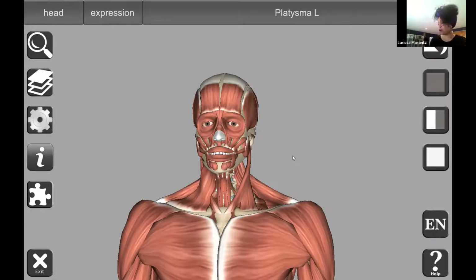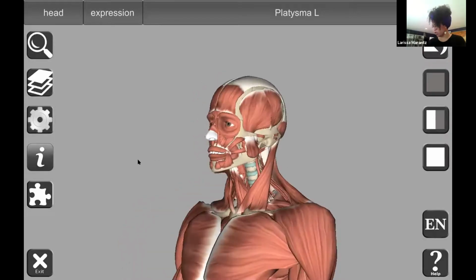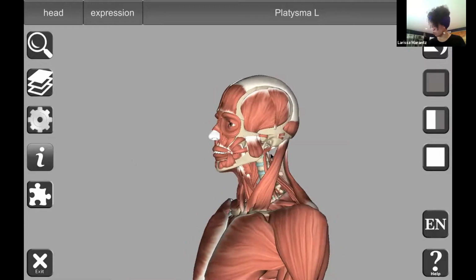What is really important to remember with the neck is that we have this muscle here. Let me see if I can turn it. Okay, so remember how we said before that there is a mastoid process back here. That's the temporal lobe, but back here is the mastoid process. And this is the sternocleidomastoid muscle, which goes all the way around.